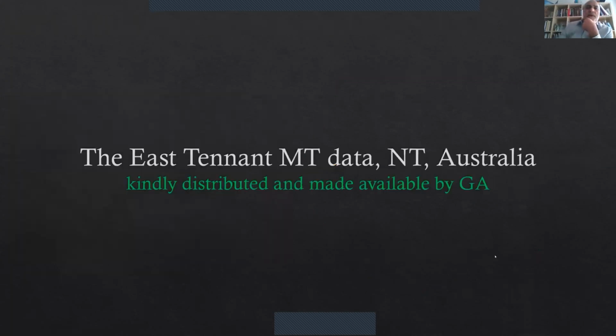Now, the application itself: the East Tennant MT dataset from Australia, which is currently distributed and made available by Geoscience Australia. When they published this dataset early this year, I thought maybe I would give it a shot and look at this data and try to train my brain in the 3D inversion of MT data.